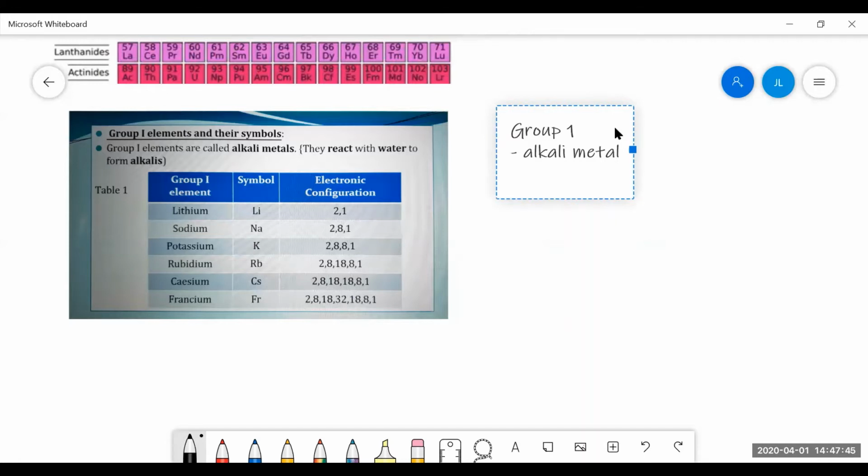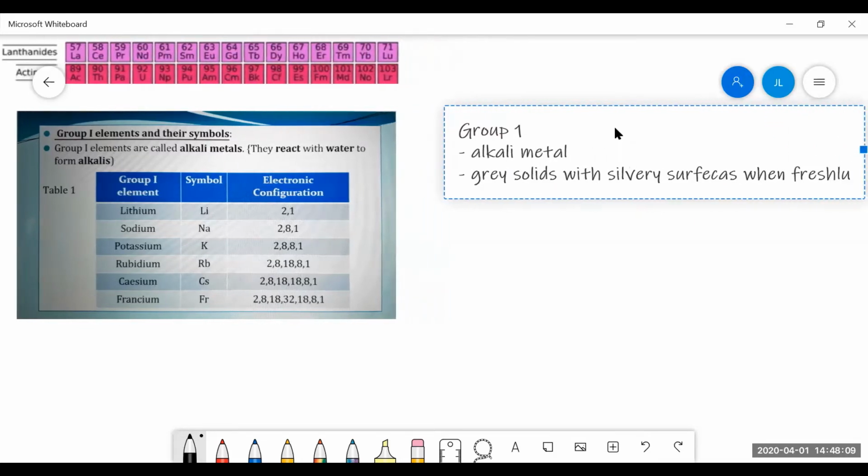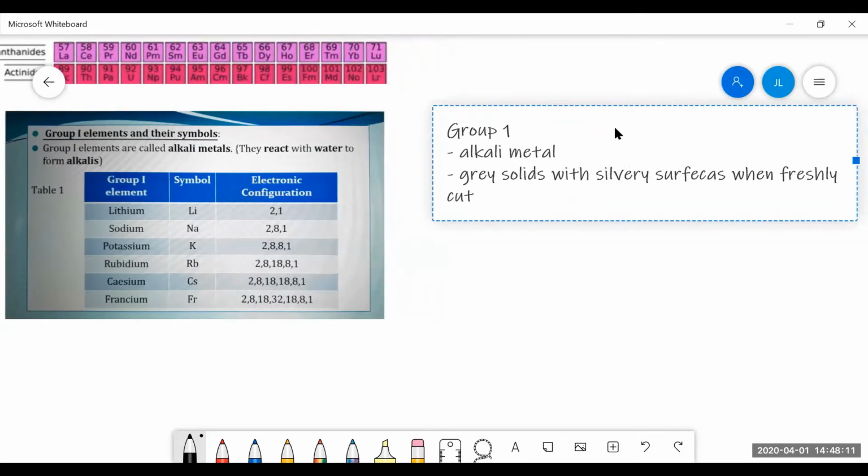What is the appearance of group 1? Physical appearance. It is a gray solid with a silvery surface when freshly cut.